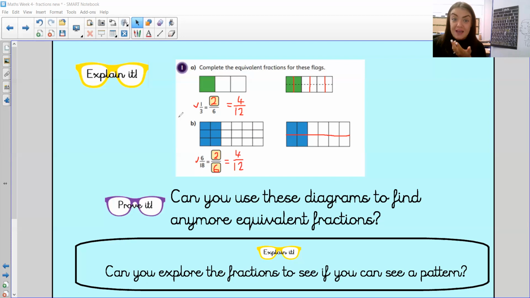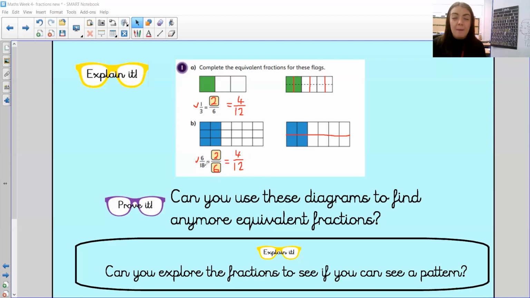I think we could also say that they are all equivalent fractions. They will all show you the same amount of that whole. Brilliant. So there we found 1, 2, 3, 4 equivalent fractions. So well done to you if you got that and if you started to see that pattern.